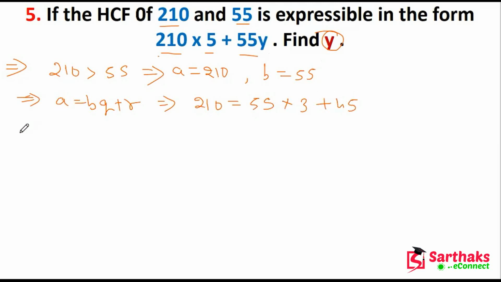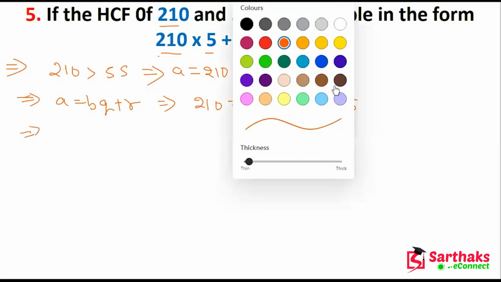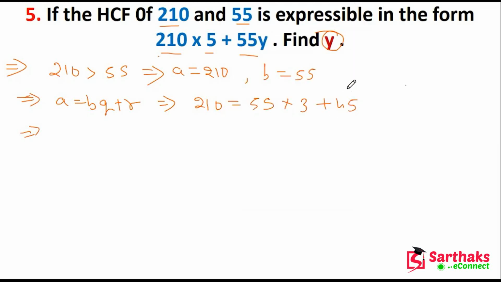Now our remainder is not equal to 0. So in that case, 55 becomes the dividend and 45 becomes the divisor.